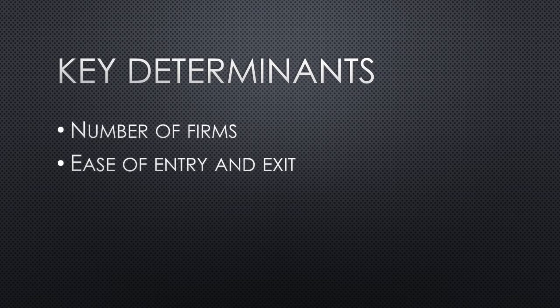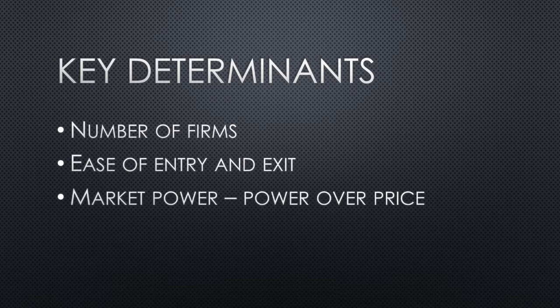Because if it's easy to get into a market, if you can just say, today I want to be a farmer, or today I want to open a restaurant, then you're more likely to be in a competitive market because there's lots of firms who can easily get in. Of course, if things aren't going well, you can easily exit. But if it's hard to get into an industry, and sometimes if it's hard to exit an industry, then you're more likely to be dealing with a monopoly.